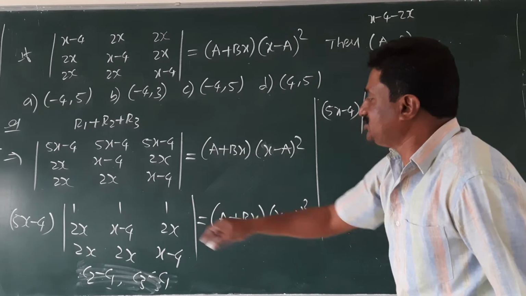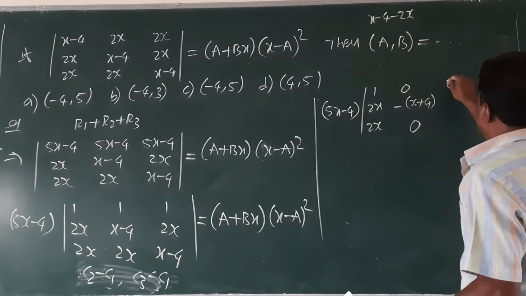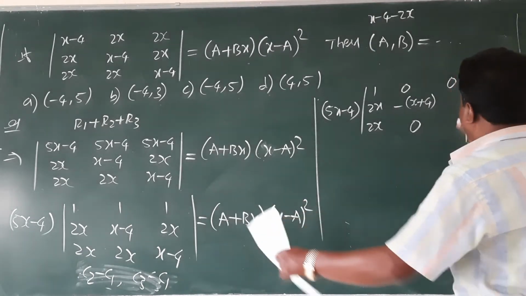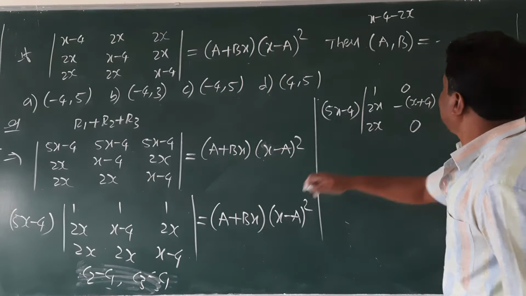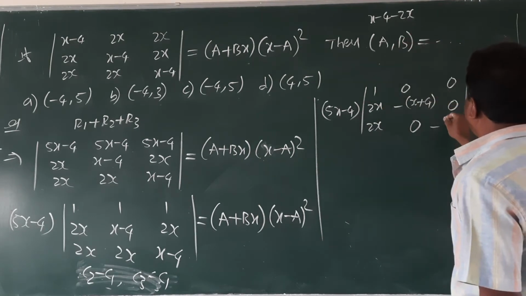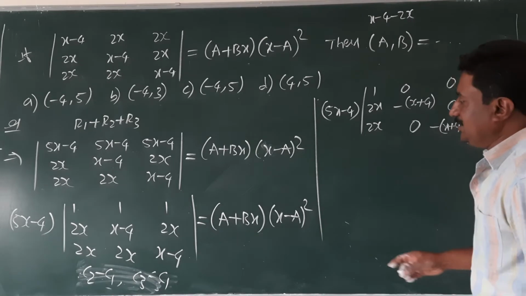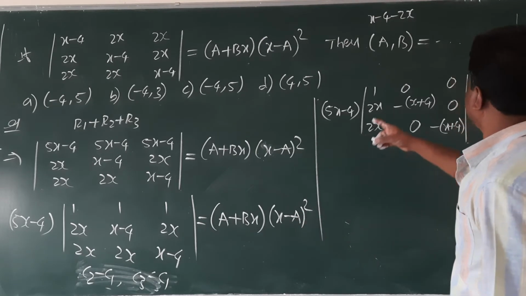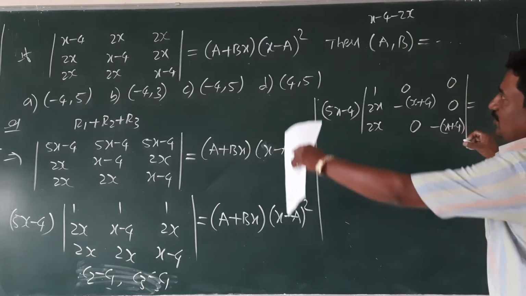Next 2x − 2x is 0; C3 − C1: 1 − 1 is 0, 2x − 2x is 0. Next x − 4 − 2x is −(x + 4), so write −x − 4, equals what?